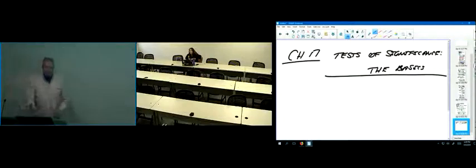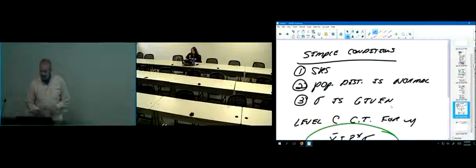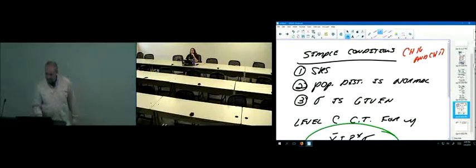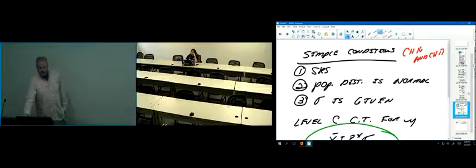Now, you know those simple conditions I just wrote on the previous page? These are good for chapter 16 and chapter 17. Both chapters. Those are your simple conditions.